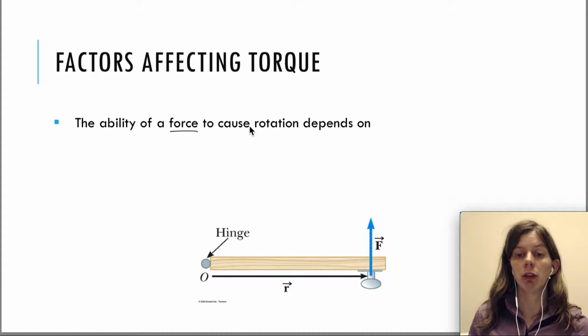Usually the volunteer that I pick definitely looks stronger than I am. So the amount of force that can be applied definitely affects how much the object is going to rotate. You know that if you apply more force, there's going to be more rotation. So that is definitely one factor.